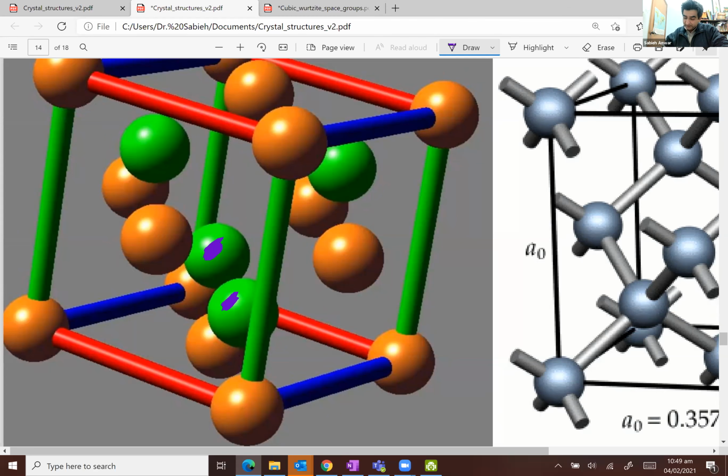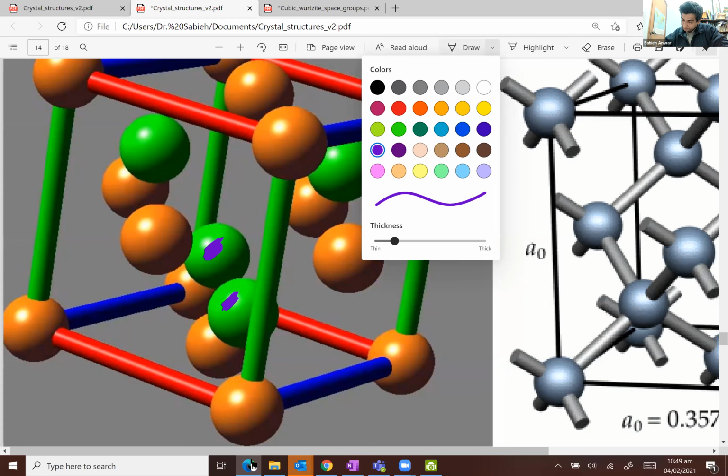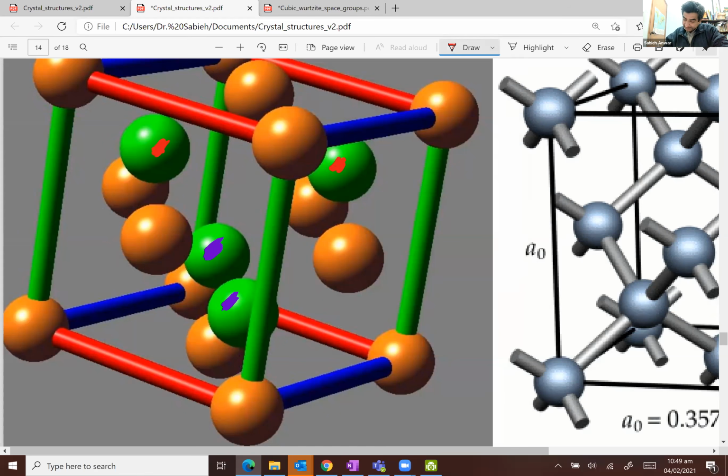So this atom here and this atom here are at a height 1 by 4, whereas this atom here and this atom here are at a height 3 by 4, 3/4 of the height of the unit cell. And they are in crisscrossing directions.